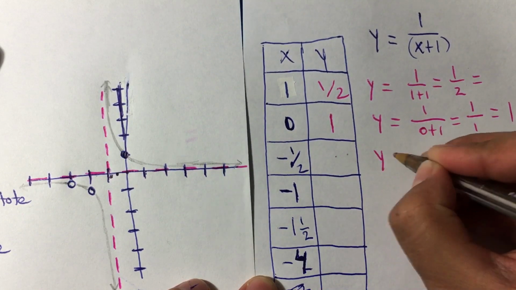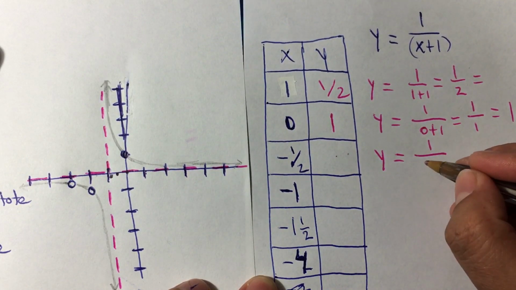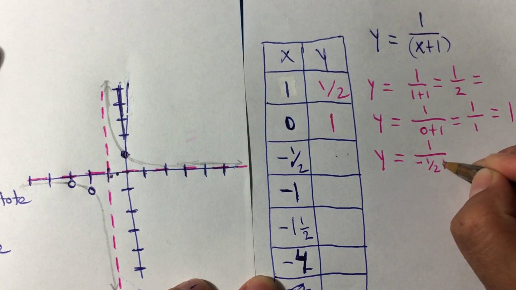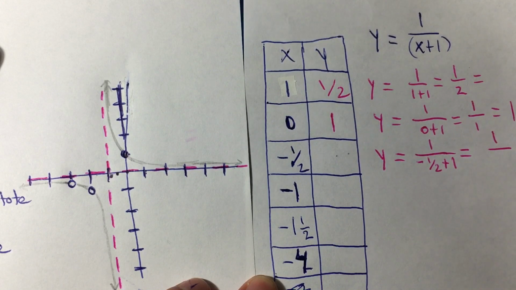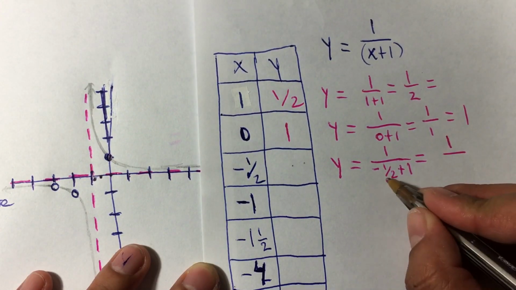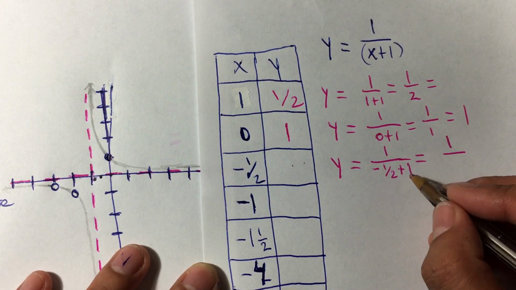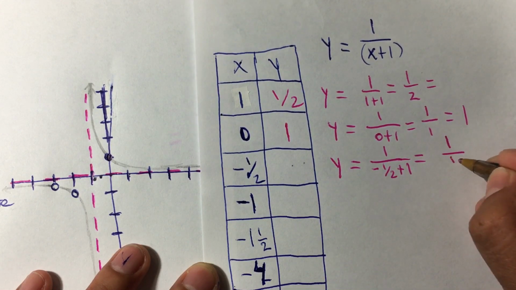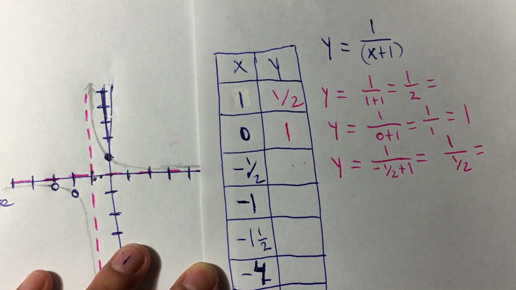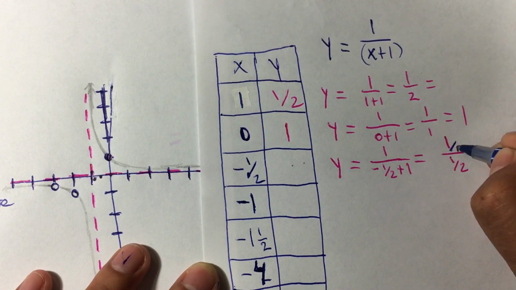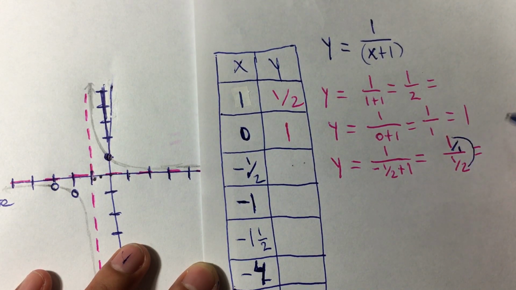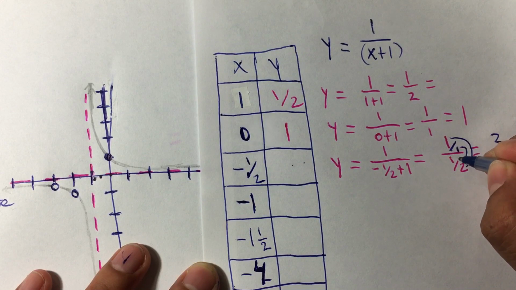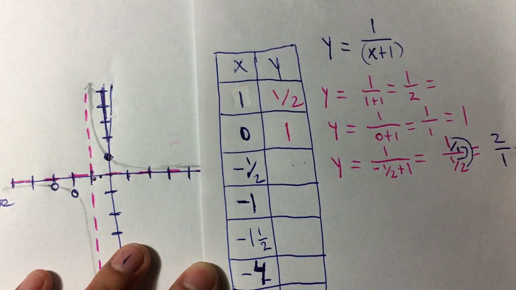And then y is equals to 1 over negative 1/2 plus 1. And so we put 1 over, okay, so 1, negative 1/2, and 1, it means I have 1 and I eat 1/2, so I end up with 1/2 in here. If we remember from fractions and division, you just put it over 1, the whole number, put it over 1, and multiply this one. 1 times 2 is 2, 1 times 1 is 1, and 2 divided by 1 is 2.